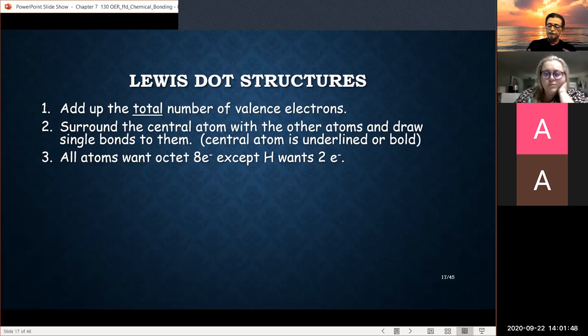You adjust them and put them on the structure such that the octet is fulfilled around all the atoms, except the most obvious, hydrogen, because hydrogen follows the duet rule. So hydrogen only needs 2 electrons around it. Everybody else, we have to adjust the valence electrons we have to work with in such a manner that the octet is fulfilled.